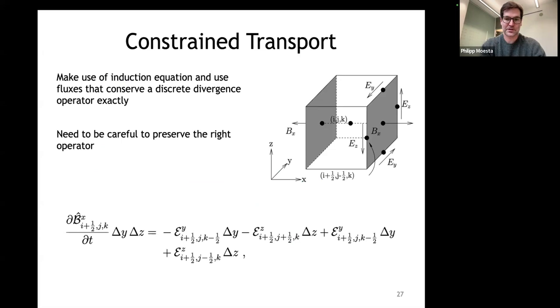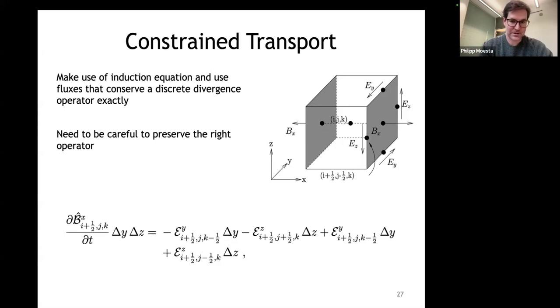The way we do this is by writing down very carefully what the time evolution of the magnetic field in discrete space should be. What you see here at the bottom is how we can think about the discrete time evolution equation for Bx, one of the components of the magnetic field, but we can write this down in an equal way for the other ones.